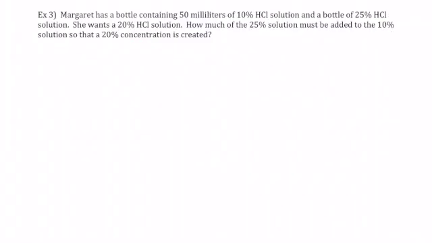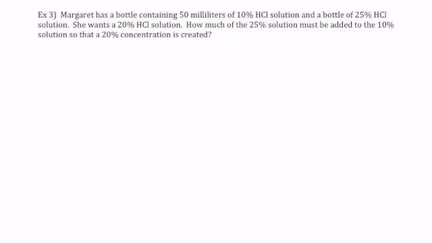Example number 3. Margaret has a bottle containing 50 milliliters of 10% hydrochloric acid solution and a bottle of 25% hydrochloric acid solution. She wants a 20% hydrochloric acid solution.